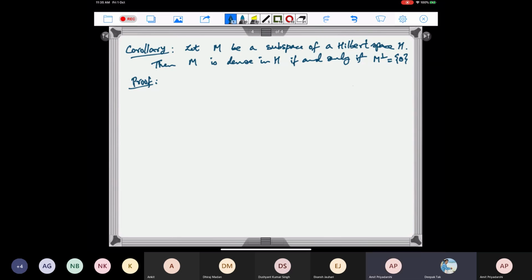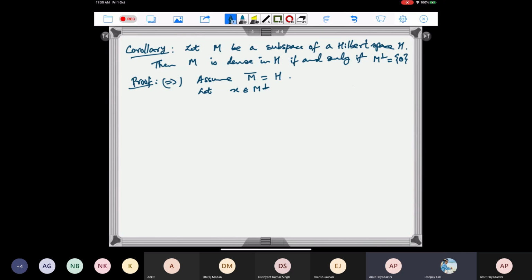So first let's assume that it is dense. Assume M closure is equal to H. Let some vector x belong to M perp. Then we have to show that x has to be the zero vector.